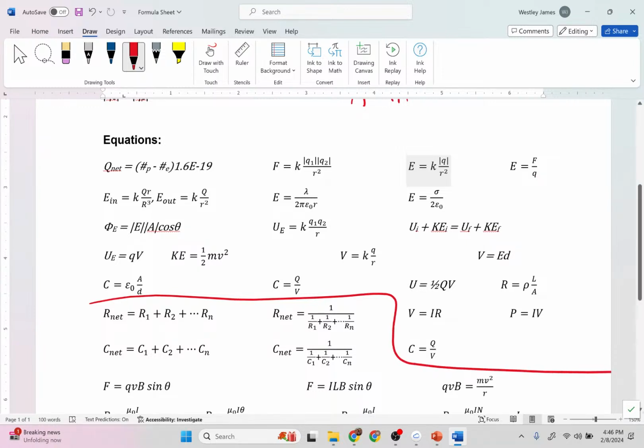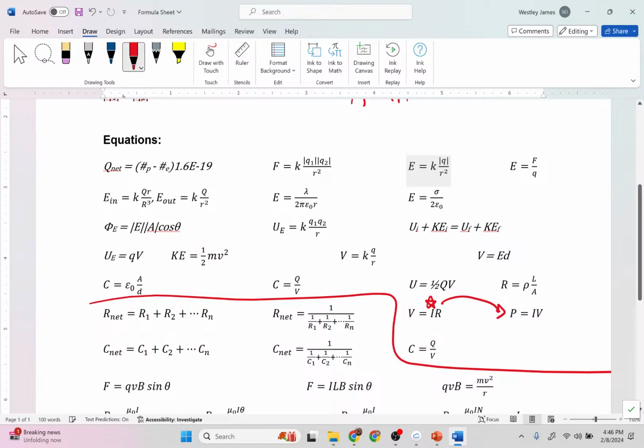Again, the cool thing with power, there's literally only one equation that has capital P in it. So that kind of gives you another hint of which one we're going to use. It's P equals IV. Now, if you look at P equals IV, you may ask yourself, but it doesn't have R. And this is where I'll remind you all, and I highly recommend you put this in your note card, that you can take this and make 3 different forms with this.